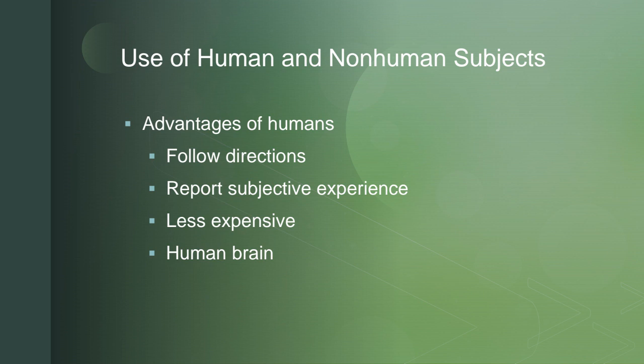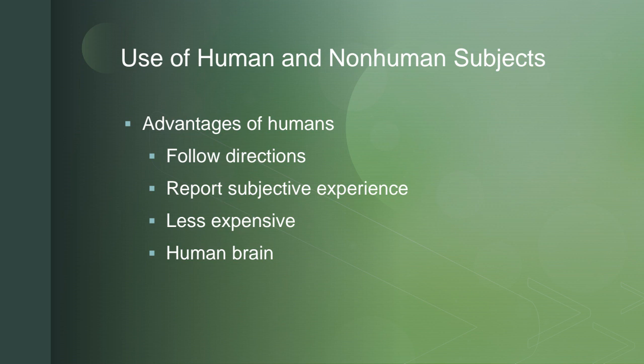Okay, so now that we know a little bit more, or we've at least refreshed ourselves from our intro class, let's look at another important topic that comes up in this course. So we've got the use of human and non-human research subjects.